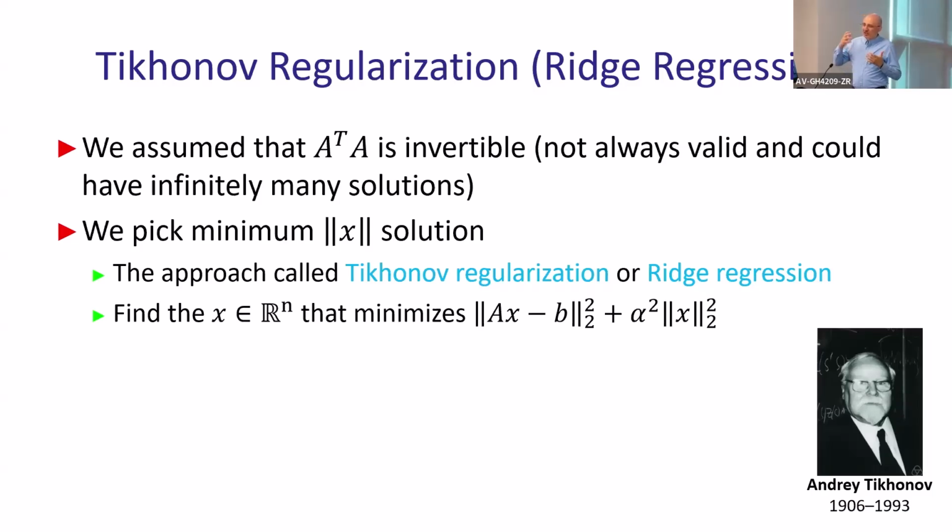Okay, so it's kind of a compromise between minimizing AX minus B, which is something that you want to be 0, right? But it's not, because you have too many equations, and no matter what X you choose, you still will have some error. But you want to minimize that error, and this is what least squares is doing, right? But now I'm saying, well, I have too many solutions for that kind of minimization. So I have multiple different solutions which would solve that minimization.